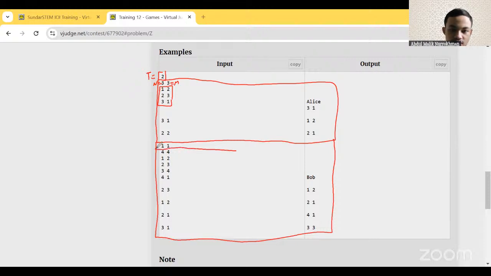Sorry, the first test case is until here, I think. Yes. So in the second test case, n is equal to 4 and m is equal to 4. After the graph is given, we can choose whether we will play as Alice or Bob.